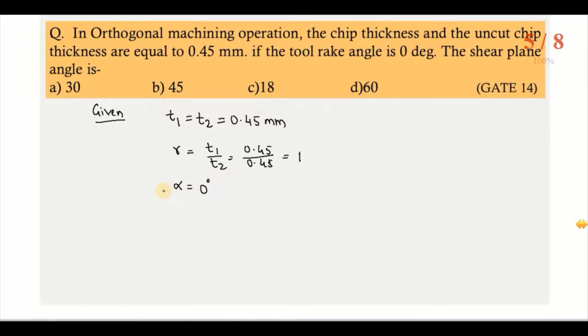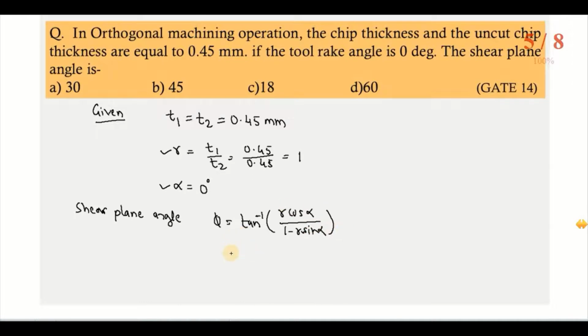So we have to put these values of chip thickness ratio and alpha in the equation of shear plane angle, that is phi = tan inverse of R cos alpha upon 1 minus R sin alpha.